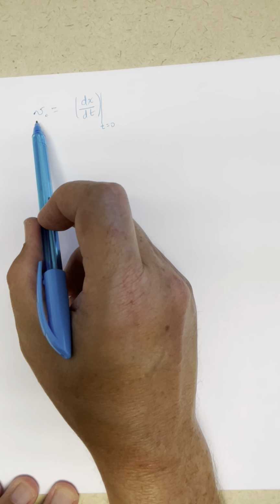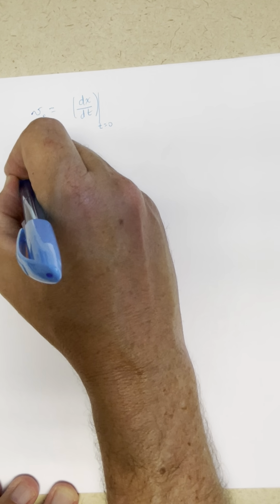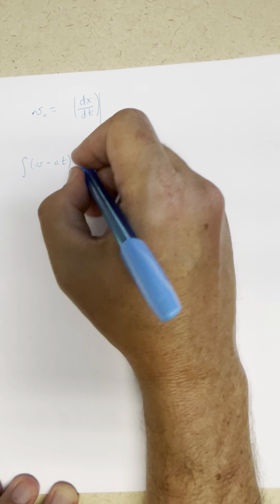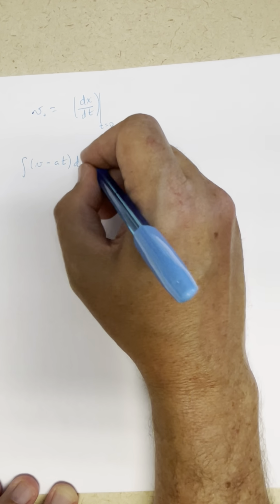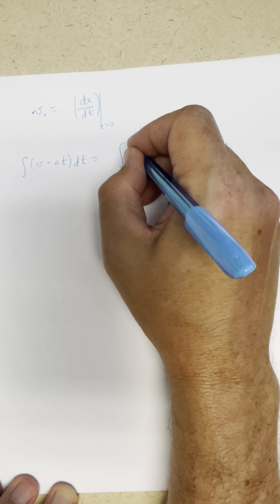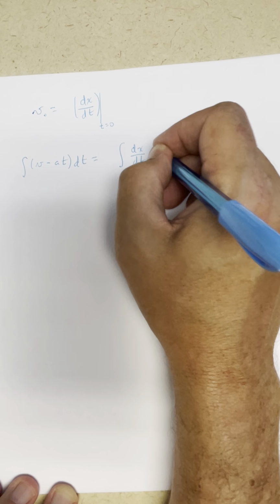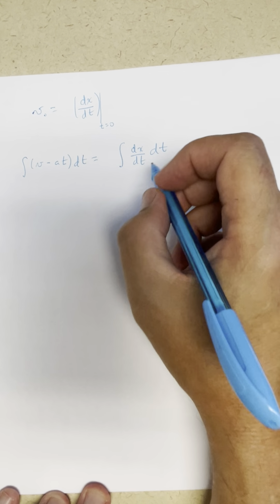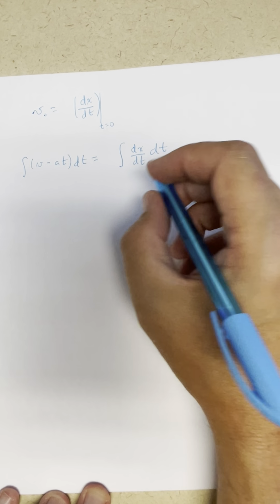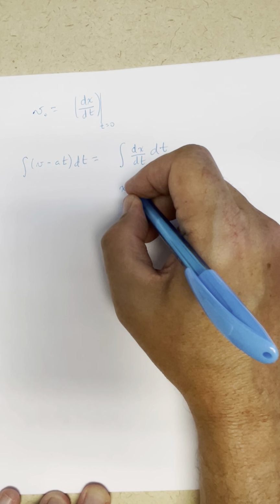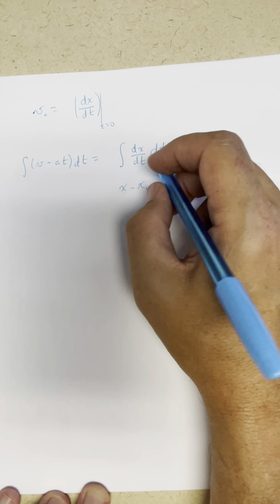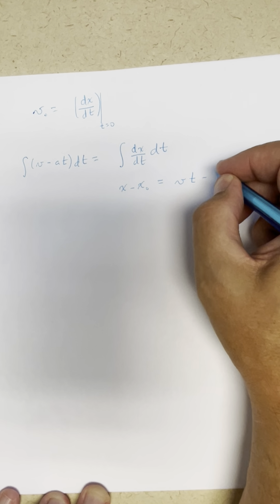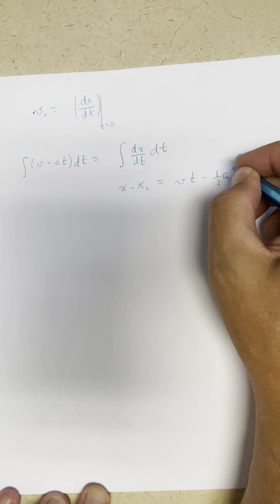But now, since this is v0, I'm substituting in the final velocity minus acceleration times time, integrated with respect to time, and on the right-hand side, dx dt integrated with respect to time. And this is going to give us, very similar to what we had before, final minus initial positions is going to be final velocity times time minus a half a t squared.